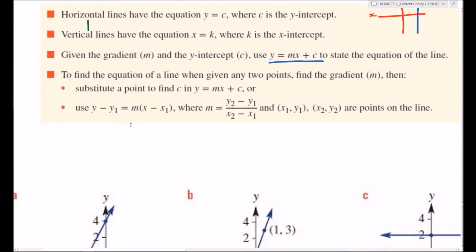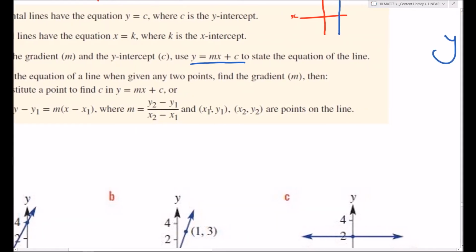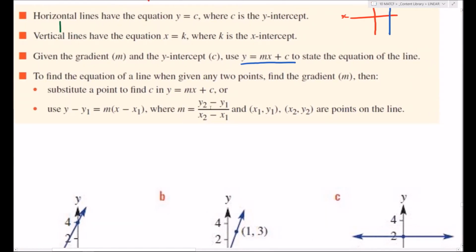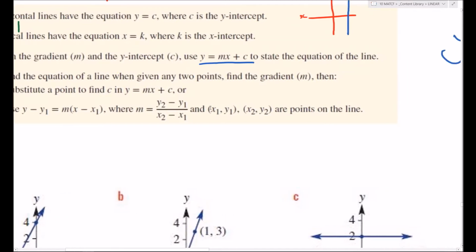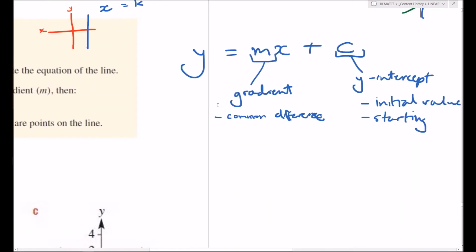Now, to find an equation of a line when given any 2 points, find the gradient, then substitute to find c in your formula here. Now, let me explain that really quickly. Basically, when you have a graph and you've been given 2 points, there's a way where you can find the formula, which is y = mx + c.